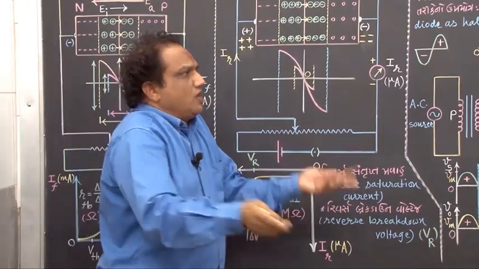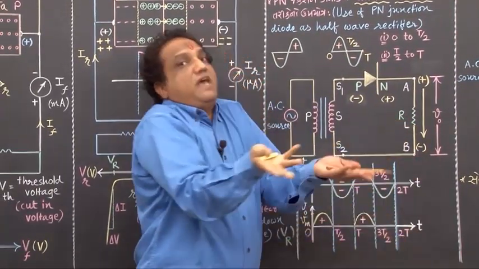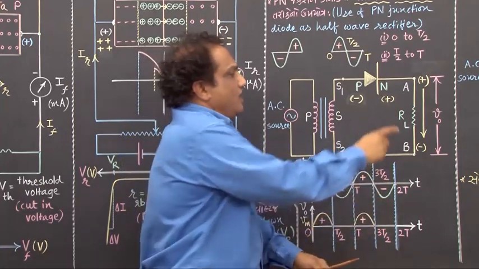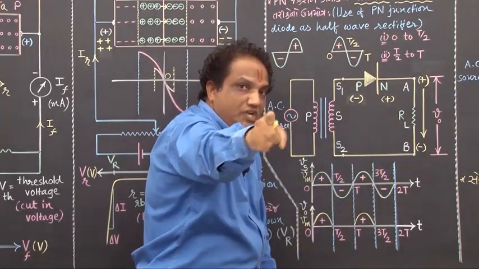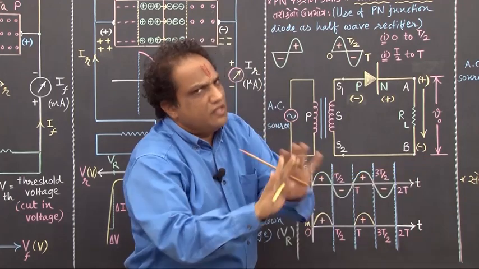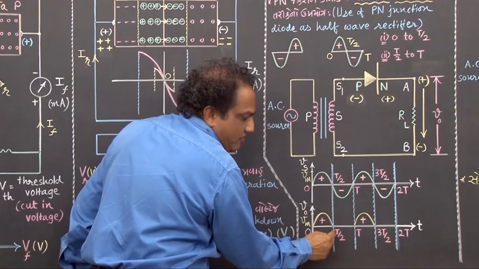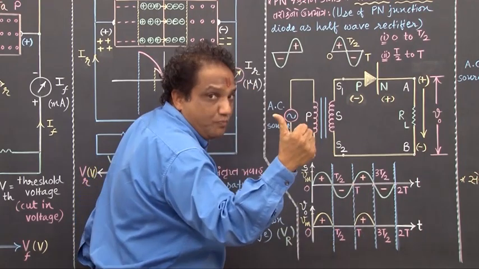When there is no current through this resistance, there is no voltage across it, because voltage across any resistance is current into resistance. That's why I show a gap between T by 2 and T: there is no output voltage.